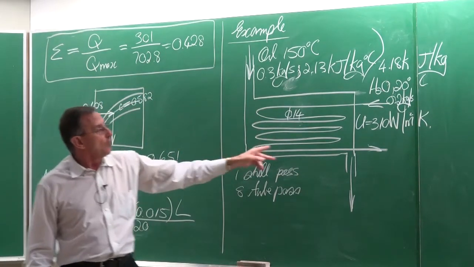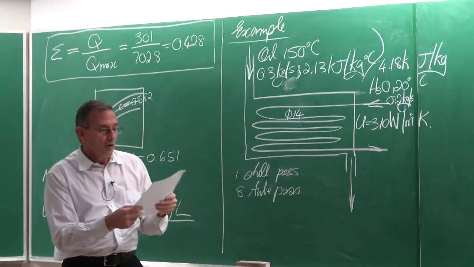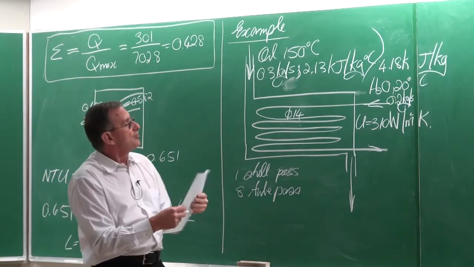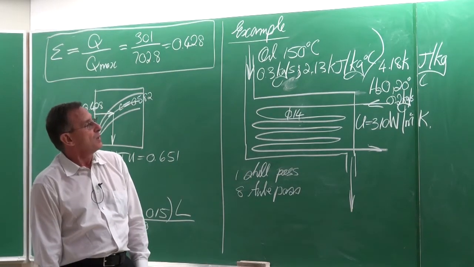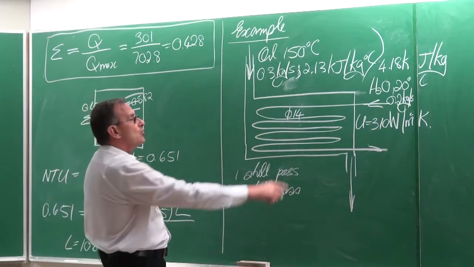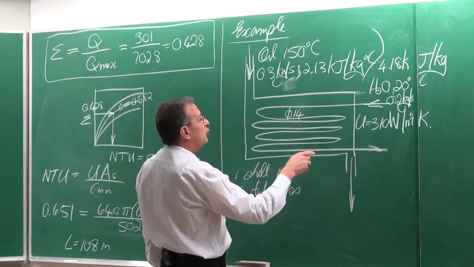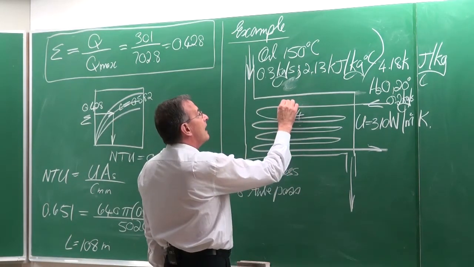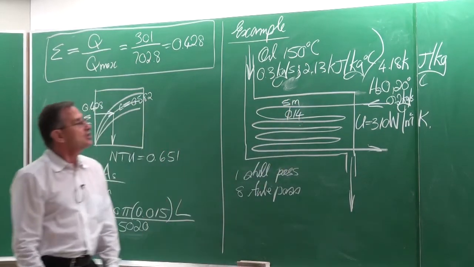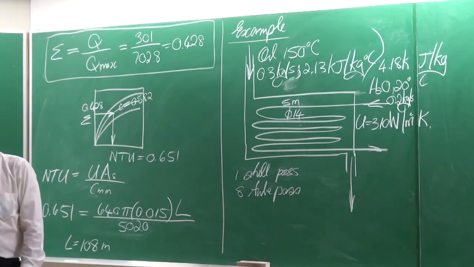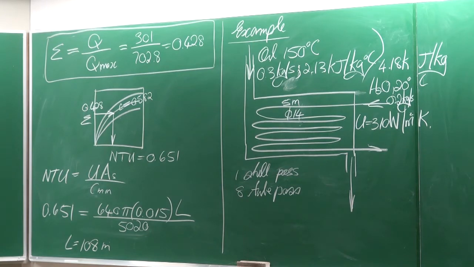Okay. The overall heat transfer coefficient of the tube is 310 watts per square meter Kelvin. The tube diameter is 14 millimeters, and each of the tube lengths is 5 meters, each one of them.